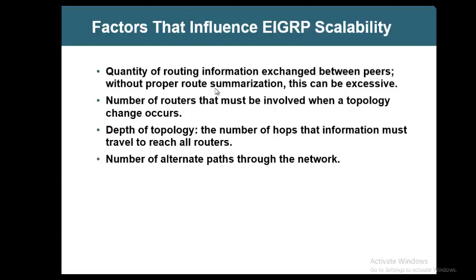The advertised distances are not less than the successor value. Then also there will be an impact on scalability. Why? That's what this chapter is going to cover: how scalability will be influenced if you don't have an alternate path. Physically you have an alternate path, but it doesn't satisfy the feasibility condition.